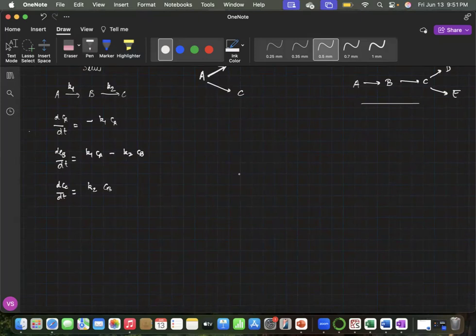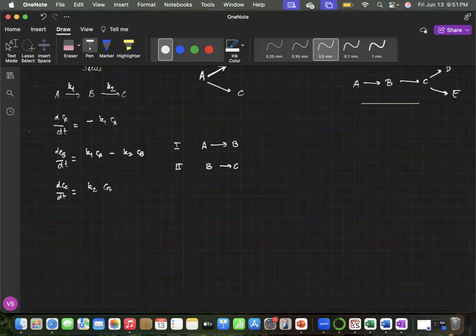So for example, we have this reaction A to B, B to C, right? This is a series reaction. But if we just break down the system, we could write this as reaction number one, A to B, and reaction number 2, B to C, right?